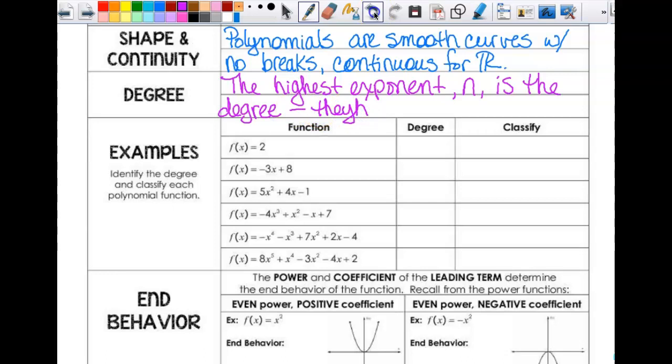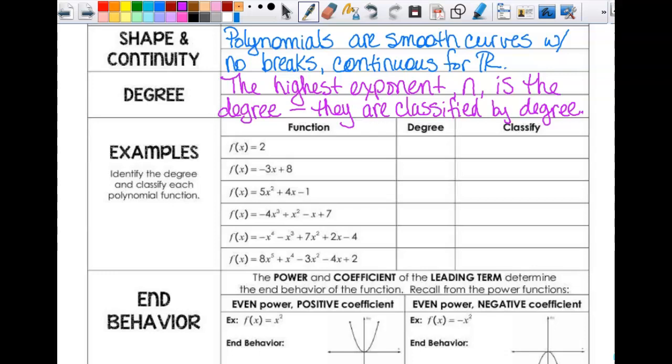They meaning the polynomials. They are classified by degree. Okay, so it's always the highest exponent, not necessarily the first. If they're in the correct order like they're supposed to be, then it would be the first one.